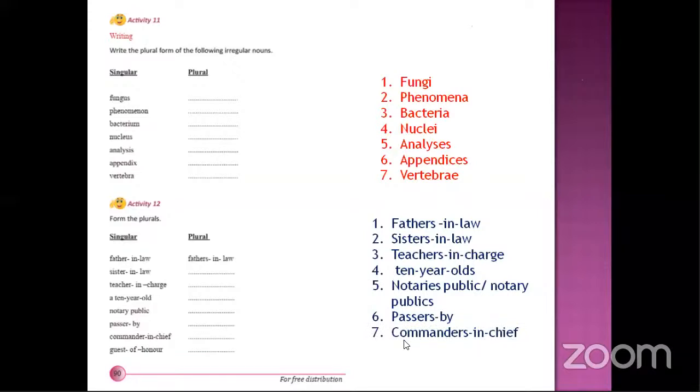Here I have pluralized this noun. Last one, guest of honor, guests of honor. Yes, these are the answers you can write down there. If you want, you can write them down quickly. Okay, then shall we move on?